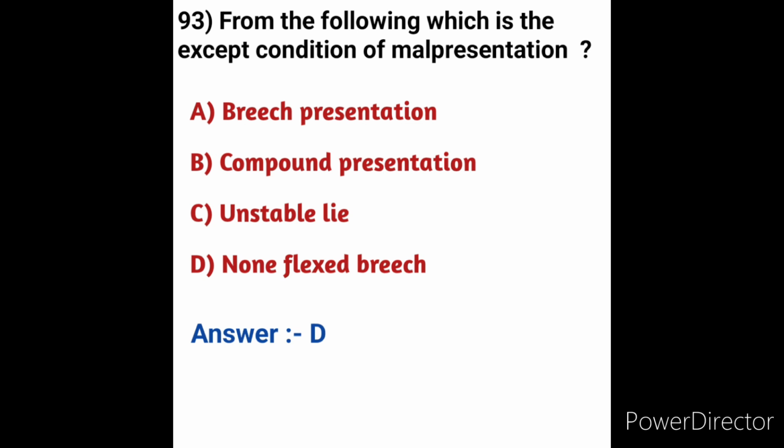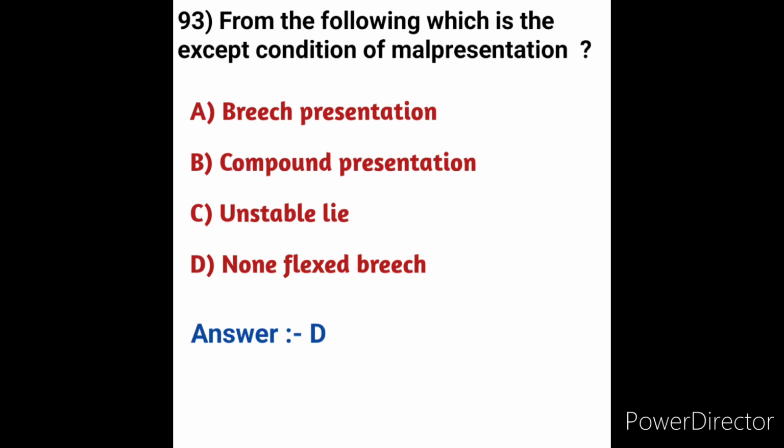Malpresentation means an abnormal relationship between the fetal head and the pelvis. Mainly the malpresentations are compound presentation, unstable lie, breech presentation, face presentation, brow presentation, and also transverse presentation. These all come under malpresentation.